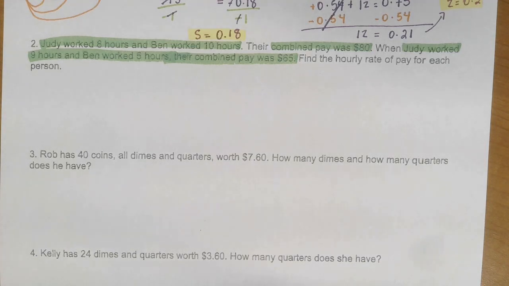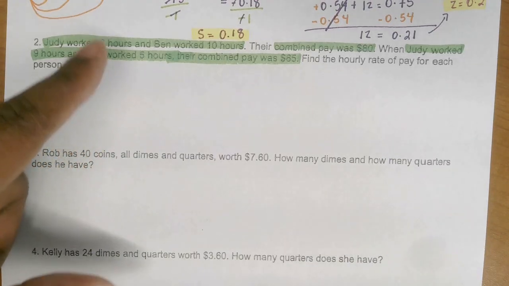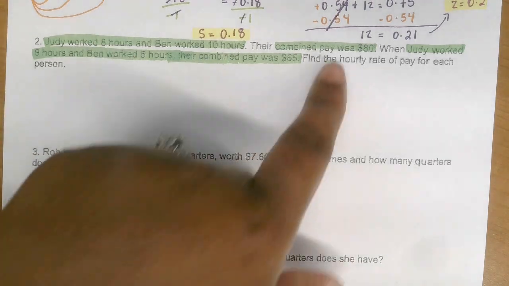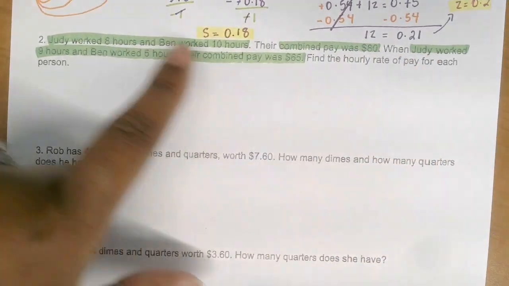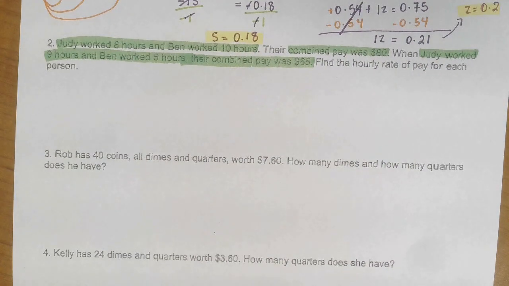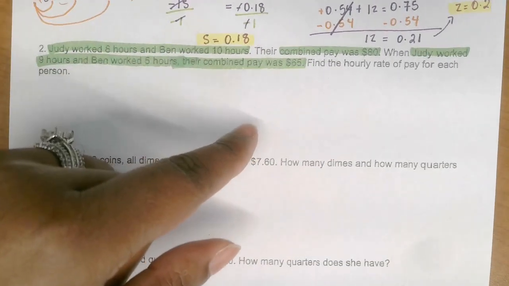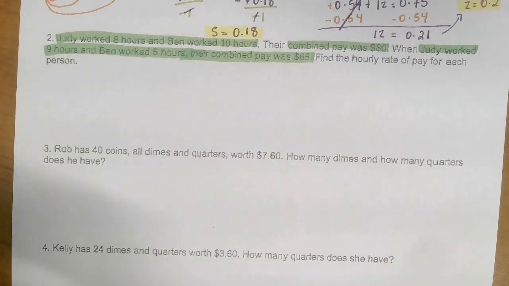So already highlighted, because when I copied this, I did already highlight the key points. So the points that are in green, those are the highlighted key points. With that being said, we're going to grab these worded sentences and put them in our equation.